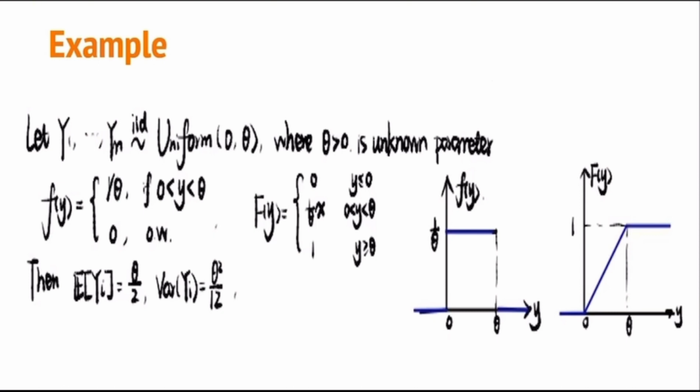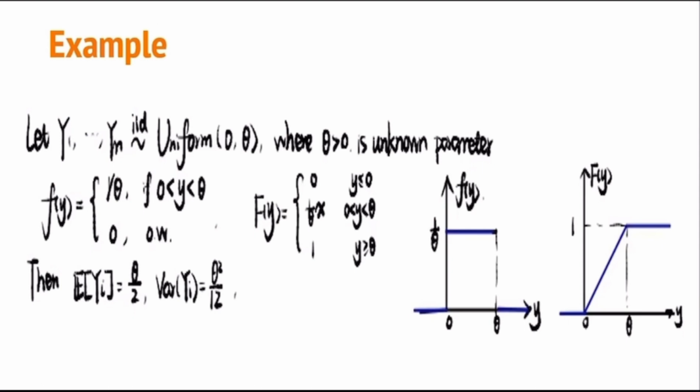Y1 to Yn follow a uniform distribution with parameters 0 and theta. And of course, the probability density function is 1 over theta. The expected value of Y is theta over 2, and the variance of Yi is theta squared over 12.